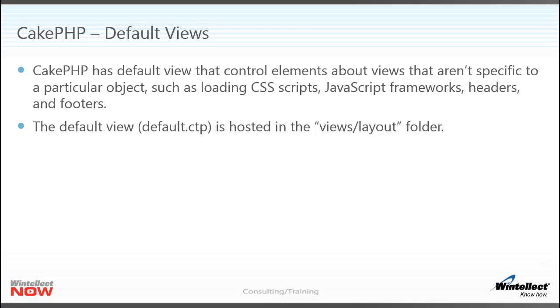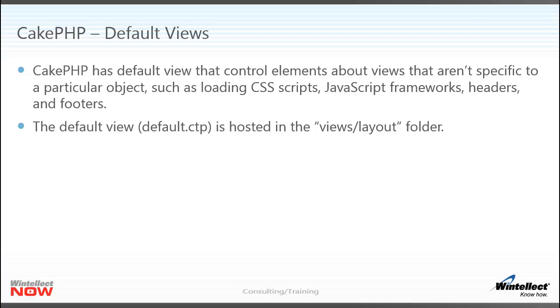Now the actual default.ctp that comes with CakePHP has a lot of debug code that you can use to show you what's going on inside of your actual CakePHP project. But what you can do is take that same default.ctp, copy it over, remove that debug code, and build out your own view to make it a production-oriented view.